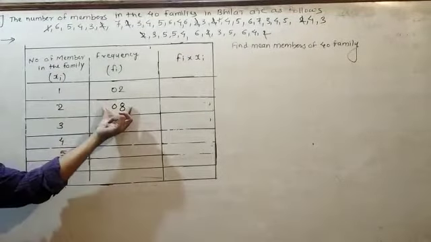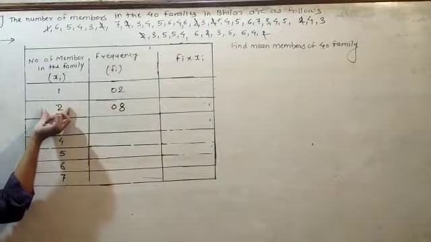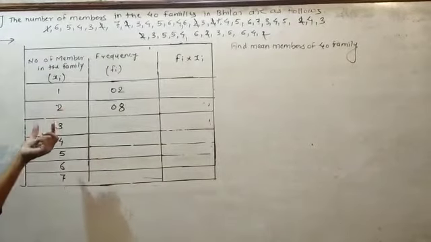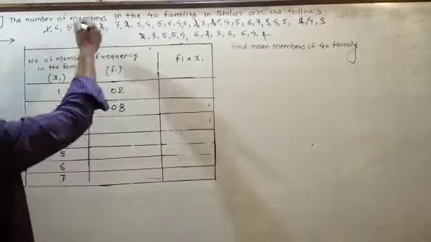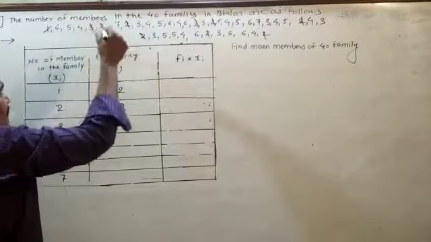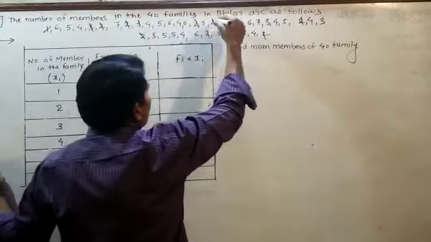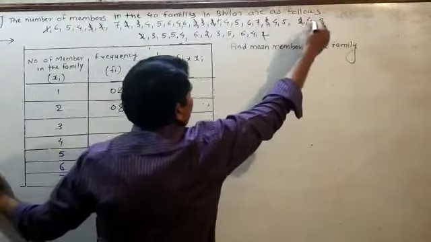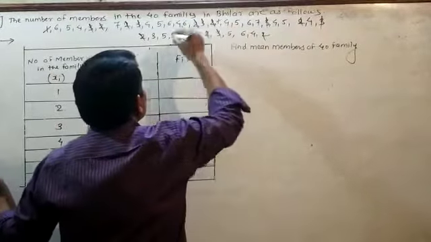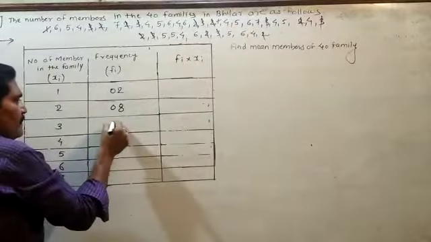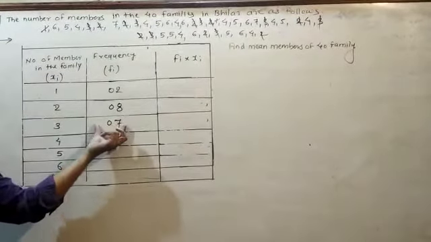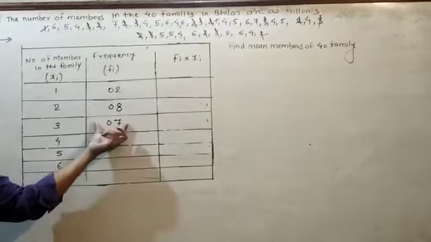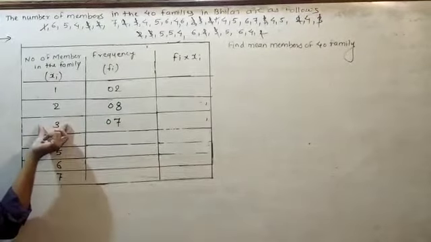Then the frequency of 3 you have to find out. I will strike through the 3. This one is 1, 2, 3, 4, 5, 6 and 7. The frequency will come 7, which means 7 families hold 3 members.